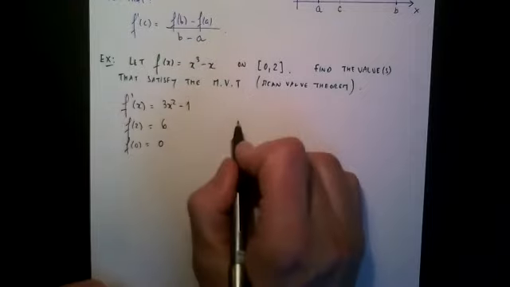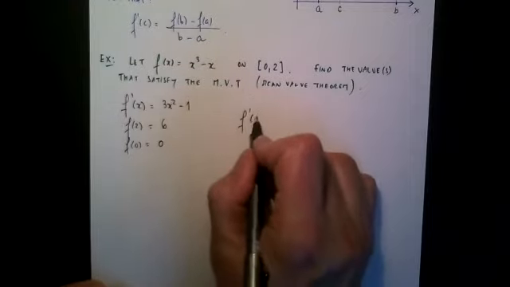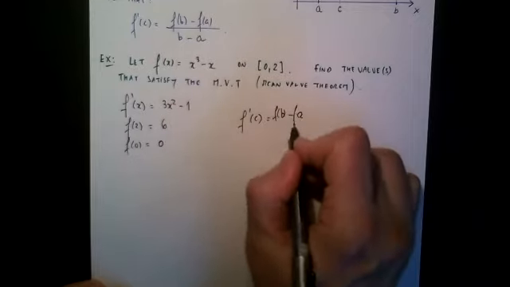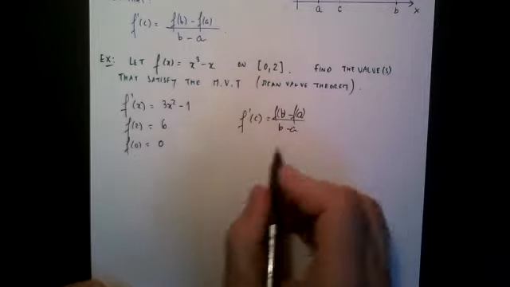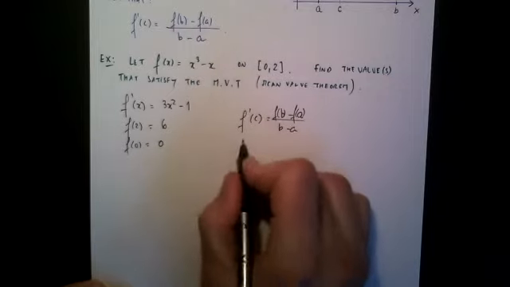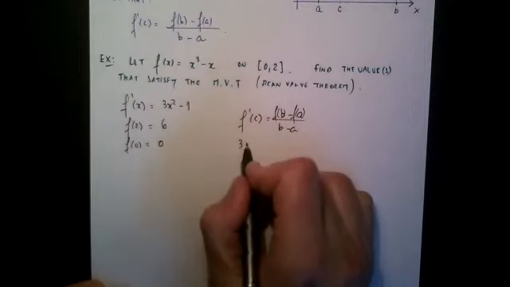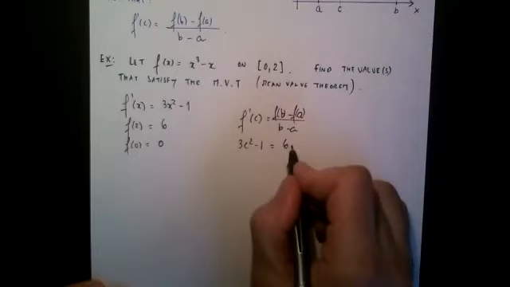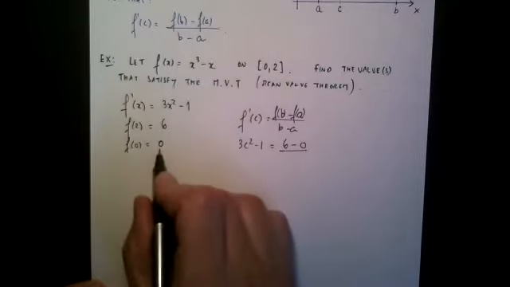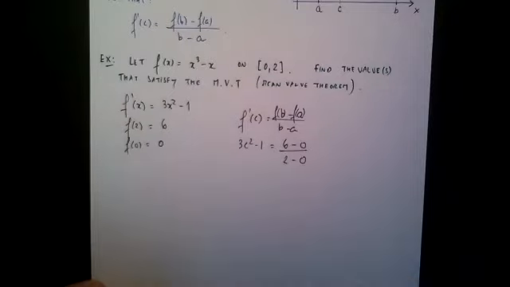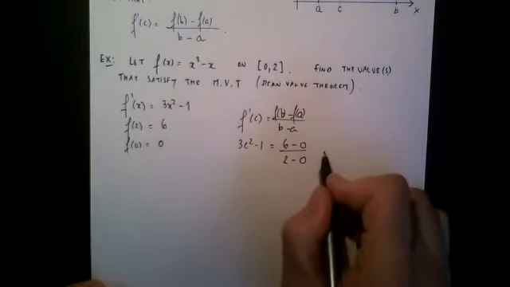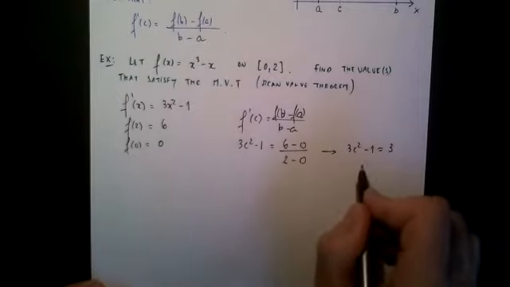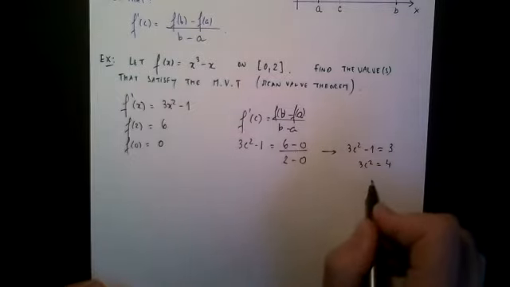Okay, and so now I need f prime of c is equal to f of b minus f of a over b minus a. Therefore, f prime of c is 3c squared minus 1, and f of b minus f of a is 6 minus 0 over b minus a, 2 minus 0. Okay, so 3c squared minus 1 equals 3. 3c squared equals 4.